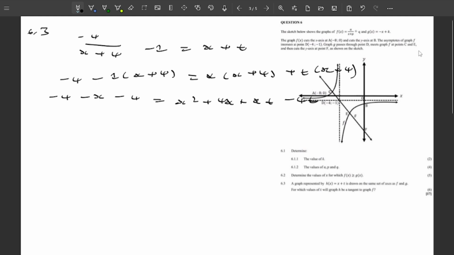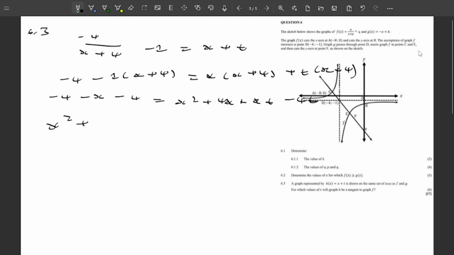Alright, then from here on, we're going to simplify it and take the side to the other side, and we're going to have x² plus, since which one here is common, it's this one here, right?